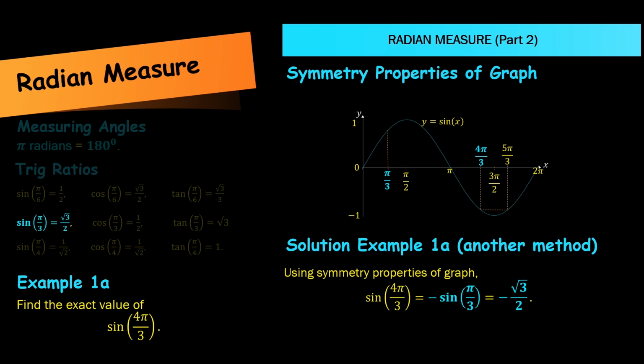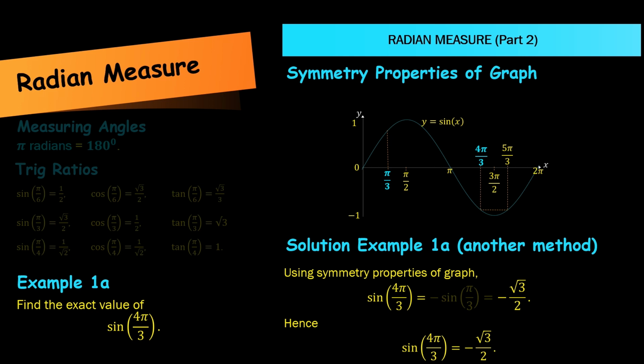And since sine pi by 3 equals root 3 over 2, we have that minus sine pi by 3 equals minus root 3 over 2. And therefore, sine 4 pi by 3 equals minus root 3 over 2.